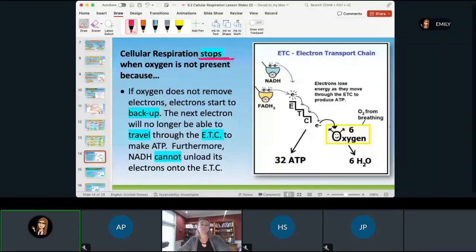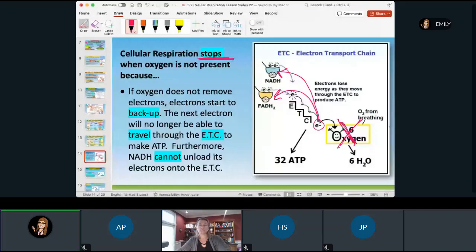So if oxygen isn't here, then these electrons basically get scared and they run right back into their trains. Okay? Because they can't be used. And so if they can't be used, they're going to go back to their trains because that's where they were last happy. Okay?